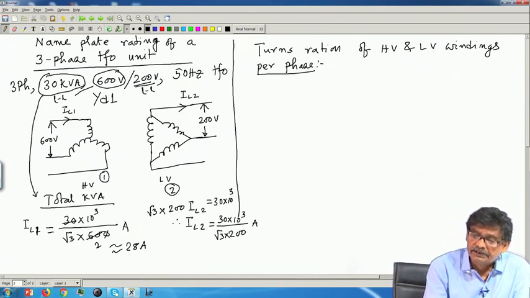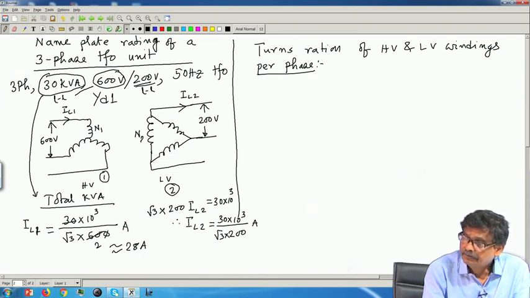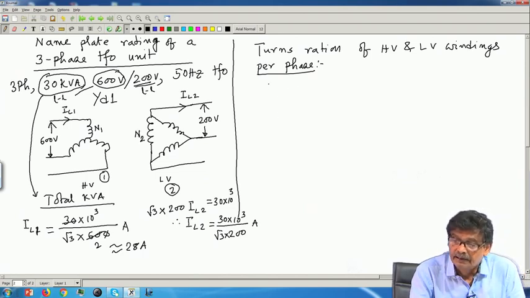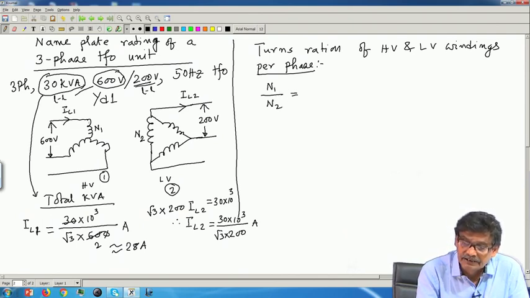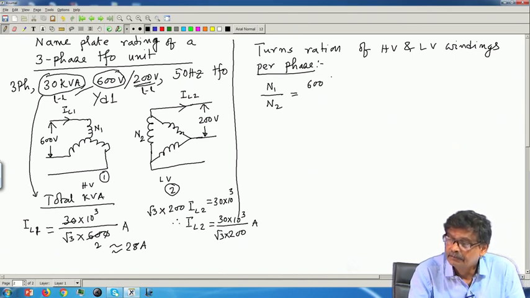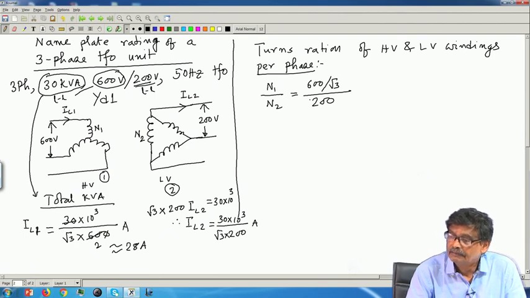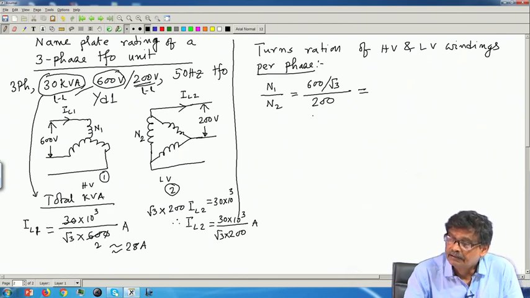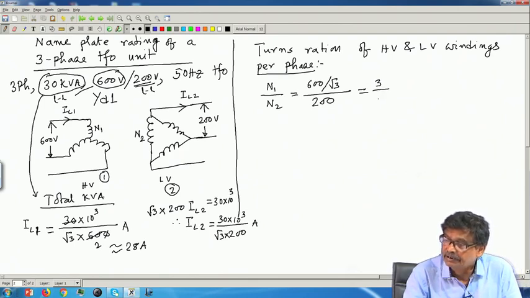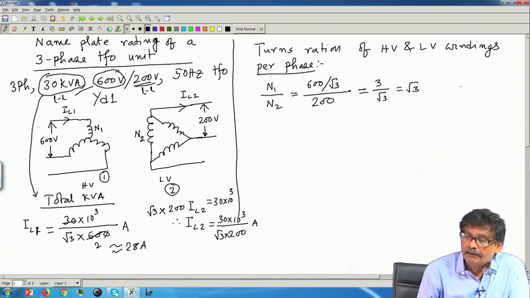If you are asked to calculate the turns ratio, suppose the number of turns of the primary winding is N1 and of the secondary winding is N2, then N1 by N2 will be how much? The voltage across this will be 600 by root 3 divided by N2, line to line voltage is 200 by 200. This will be the turns ratio, that is 3 by root 3, which is equal to root 3. Okay.